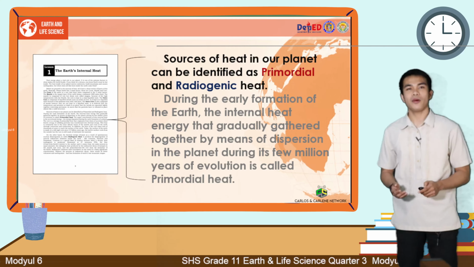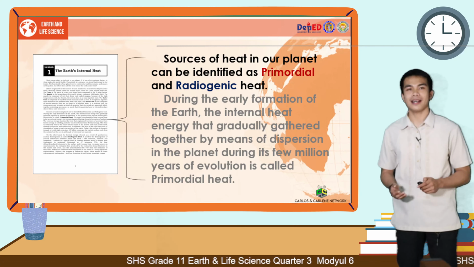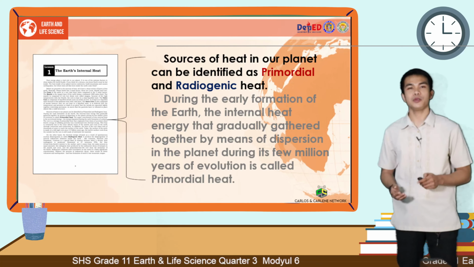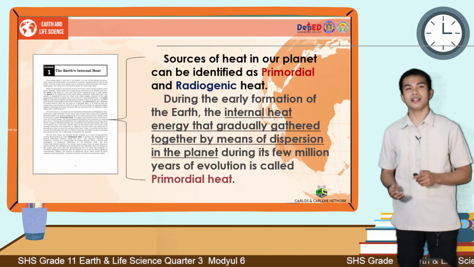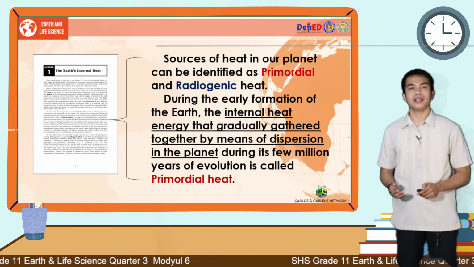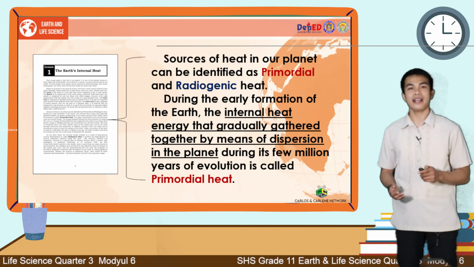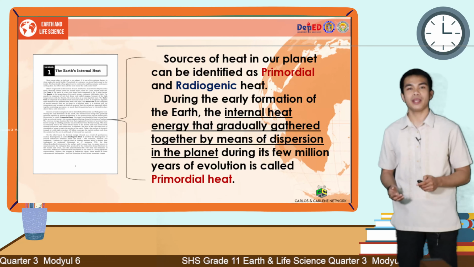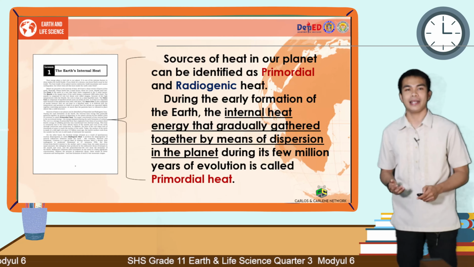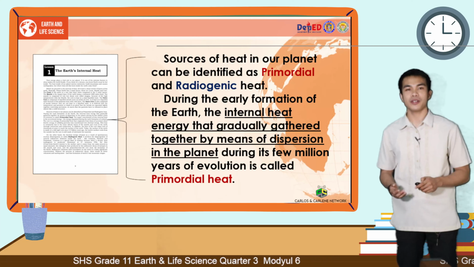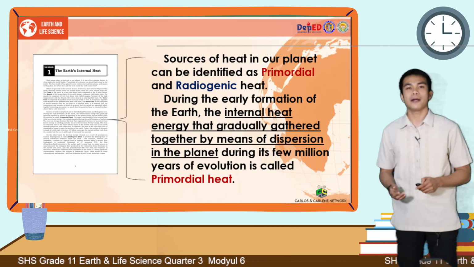Sources of heat in our planet can be identified as primordial and radiogenic heat. During the early formation of the Earth, the internal heat energy that gradually gathered together by means of dispersion in the planet during its few million years of evolution is called primordial heat.